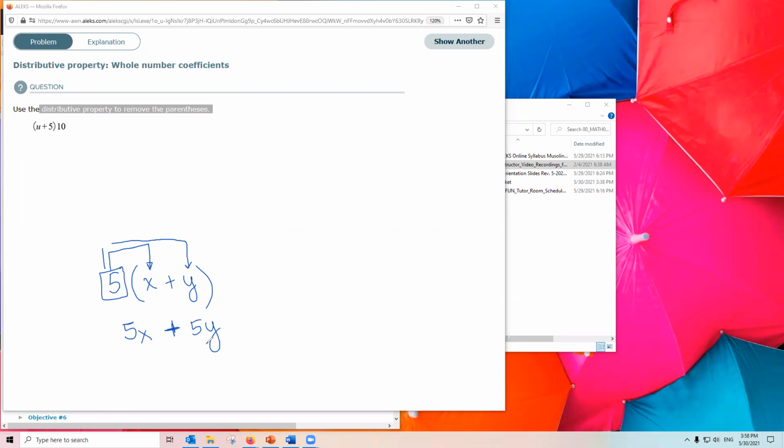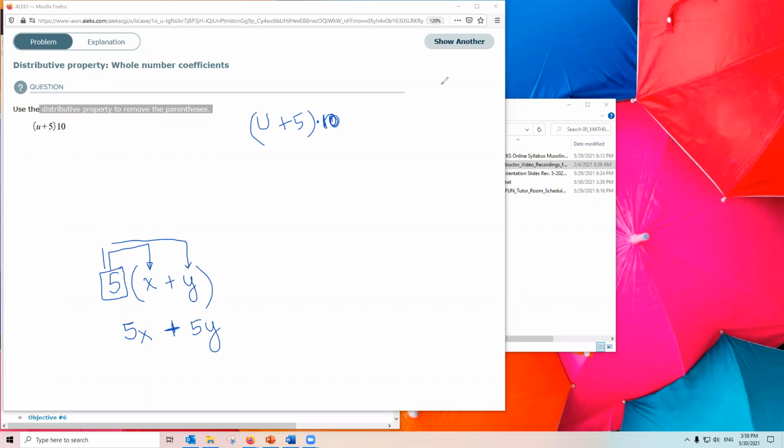So to distribute a number means take the number from in front of the parenthesis and let it multiply every quantity inside the parentheses. All right, well, in our example here, let me write the example they gave us, u plus 5 times 10. Now, they put the 10 in the back of the parenthesis like this. But if you want to, you're allowed to switch the order of multiplication.